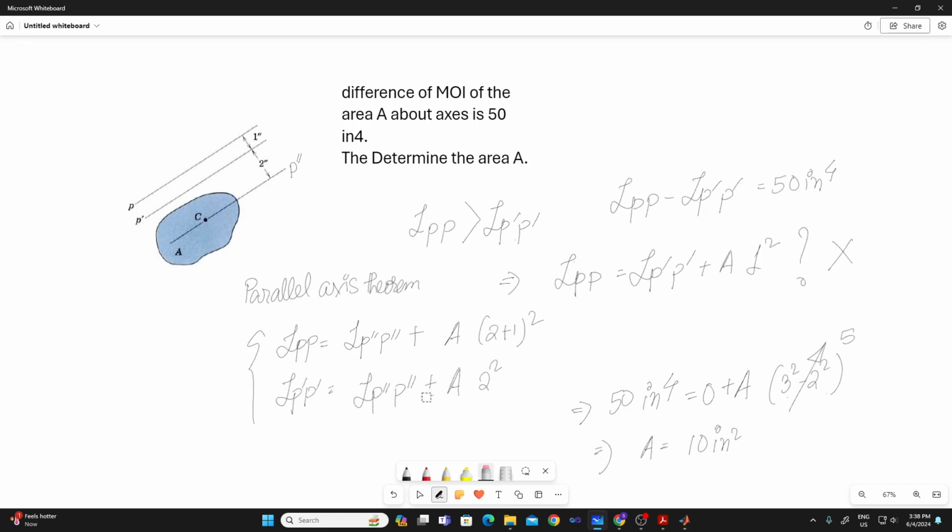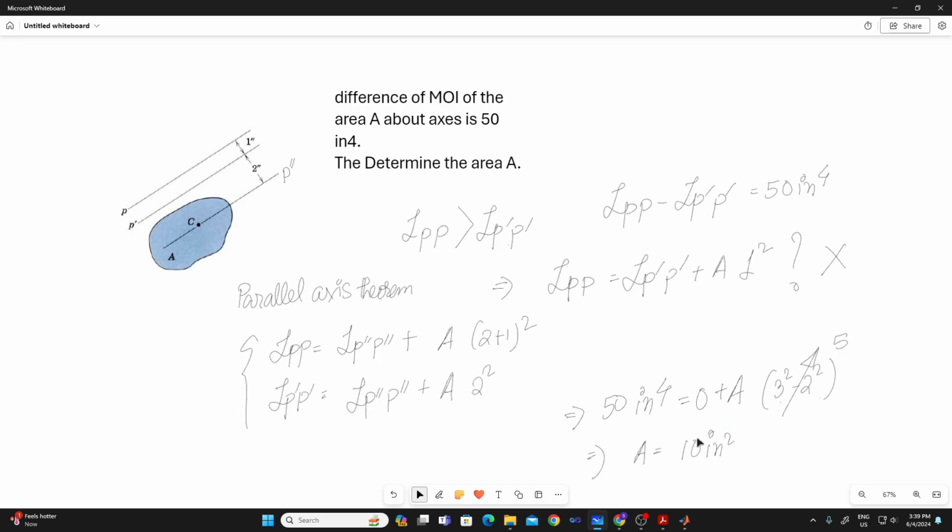And then what I did was I subtracted both of these equations. Once I subtract this from this, I can actually get rid of these two terms. If I subtract these two, I'm going to get this. And if I subtract these two, I'm going to get 50 inch to the power 4. And finally, that will tell me the area is 10 inch squared.